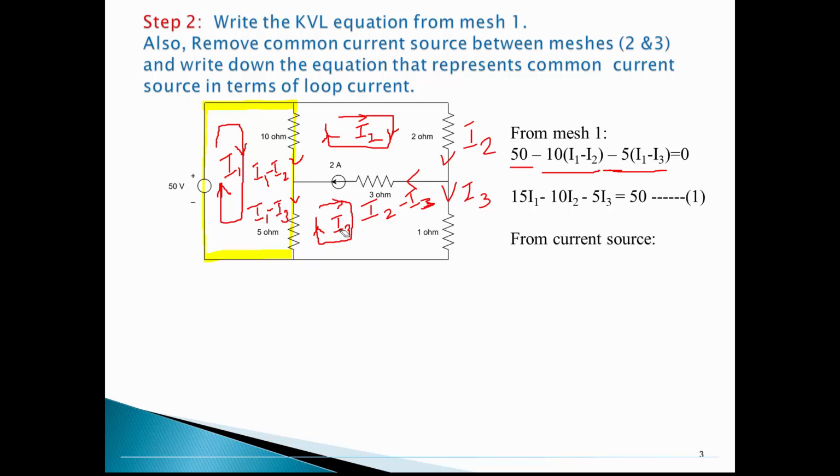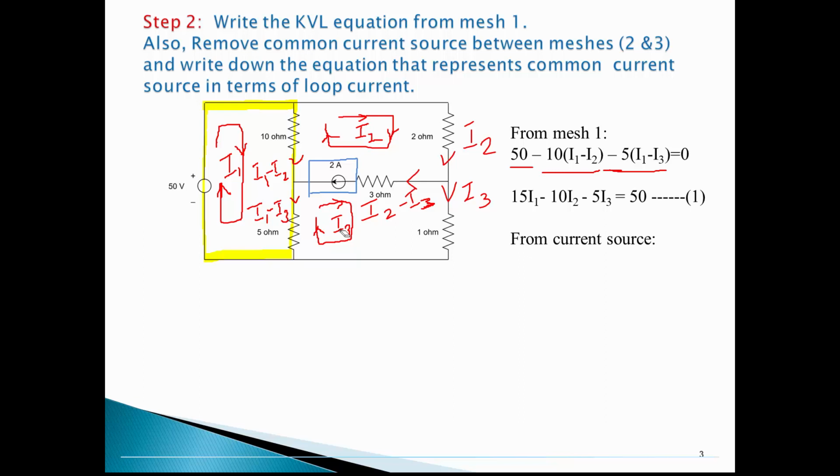Now look at the 2 amp current source which is present between mesh 2 and 3. That means this problem cannot be solved by ordinary mesh analysis. We have to go for super mesh analysis. You have to remove this current source and write down this current source value in terms of loop currents I2 and I3.